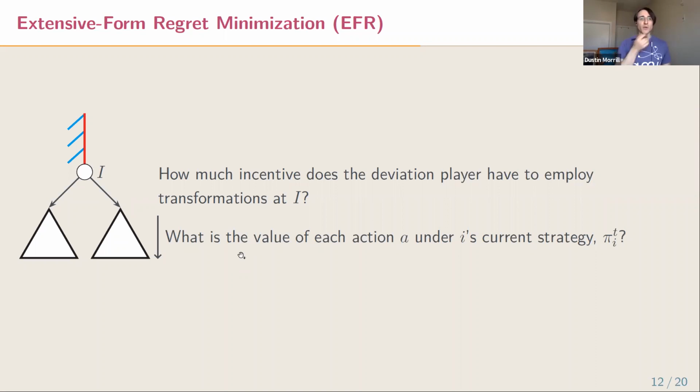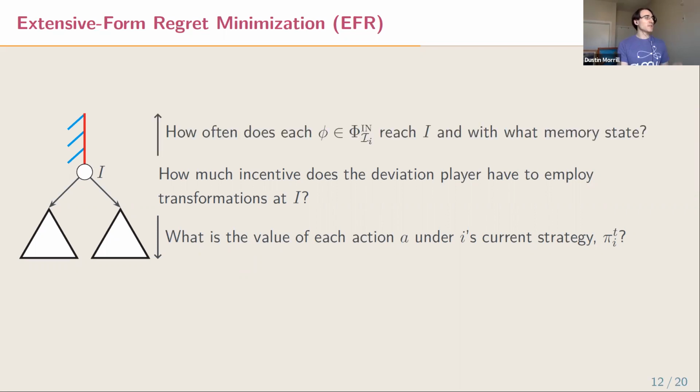There are two sub-questions that need to be answered in order to answer this first question. One is, what is the value of every action under player I's current strategy pi I t? And then also, how often does every deviation that could reach this information set reach it, and with what memory states?